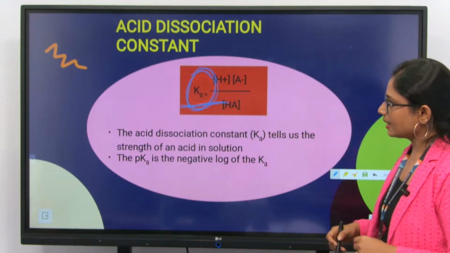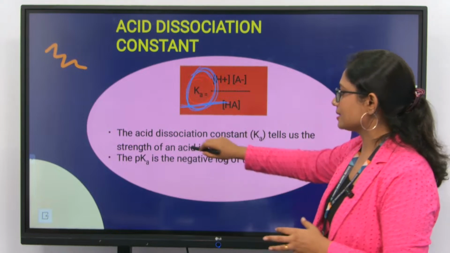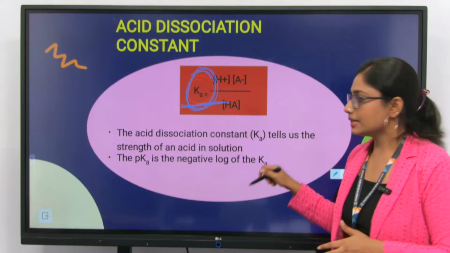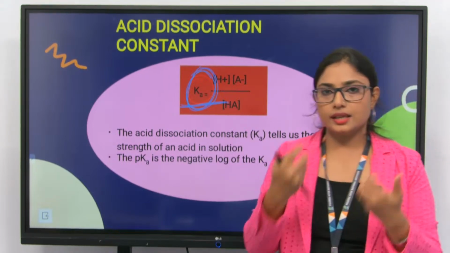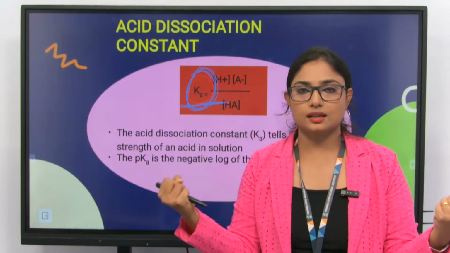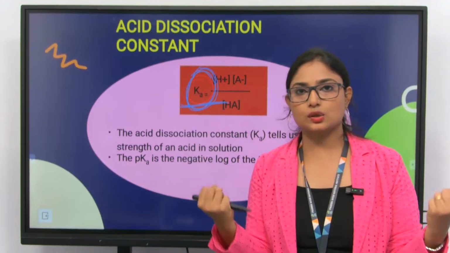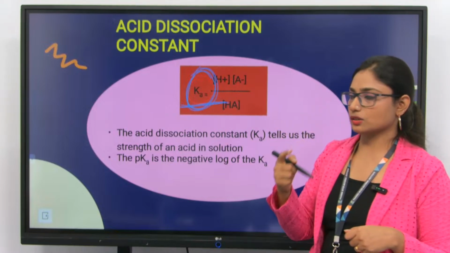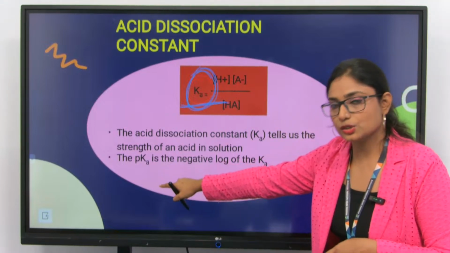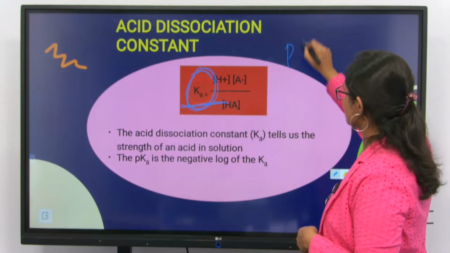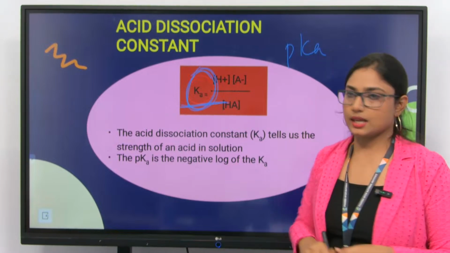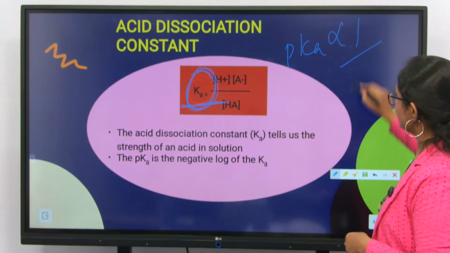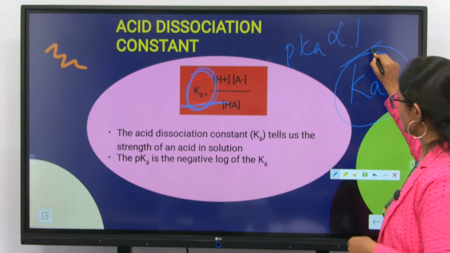Ka is a dissociation constant, that means the process of an acid dissociating into its ions. So similar to pH and H plus ion, here also there is a scale to measure Ka value. It is known as pKa. So pKa is a scale to measure the Ka value.